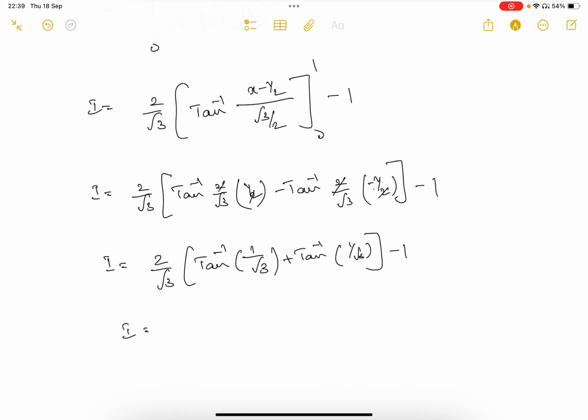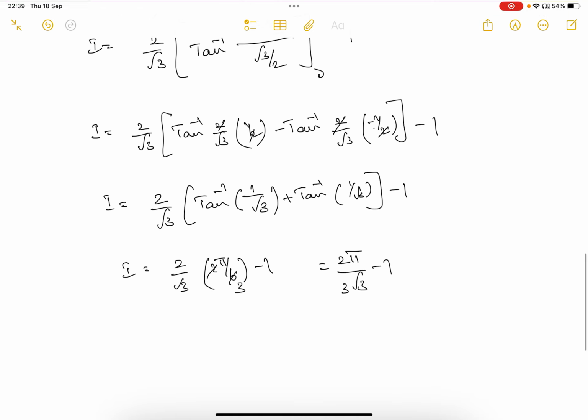I is 2 by root 3 into, as you know, tan 30 is 1 by root 3, which is pi by 6. Then this value will be pi by 6 plus pi by 6, 2 pi by 6, minus 1. 2 ones, 2 threes. Then this will be 2 pi by 3 root 3 minus 1.